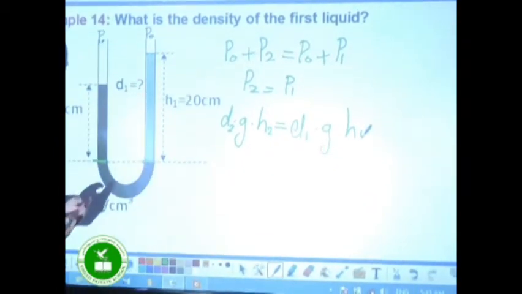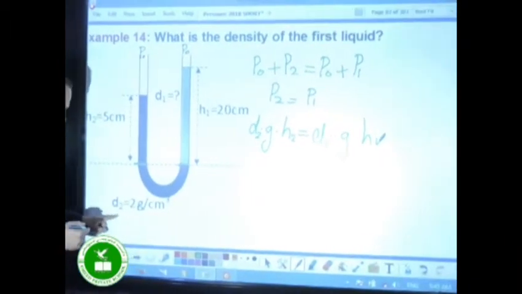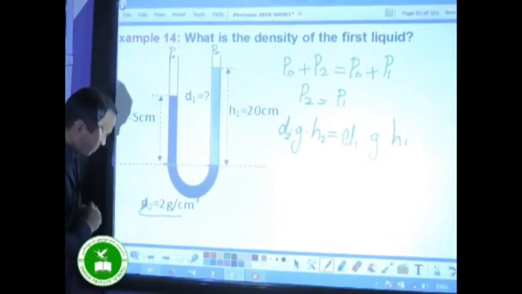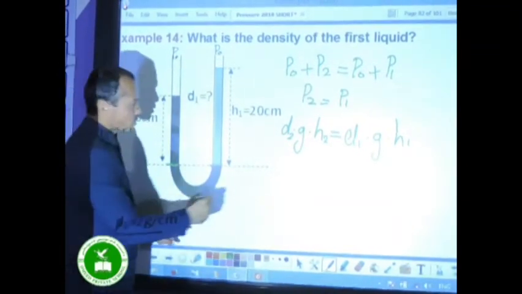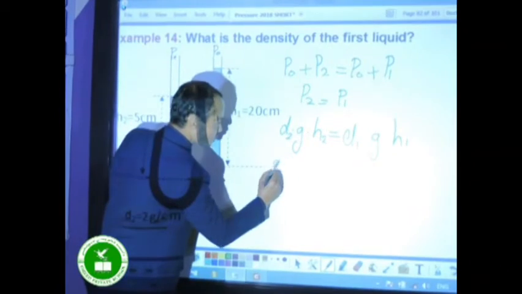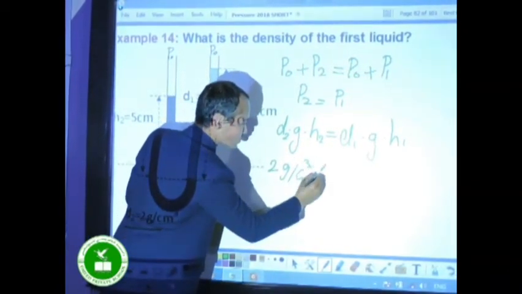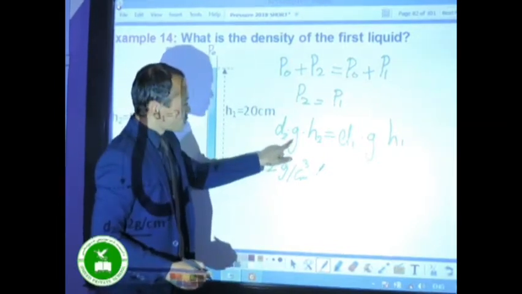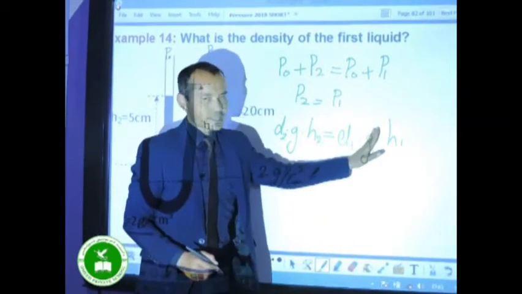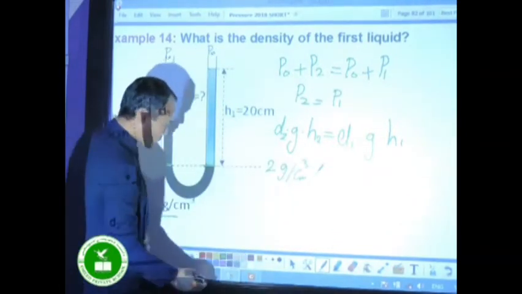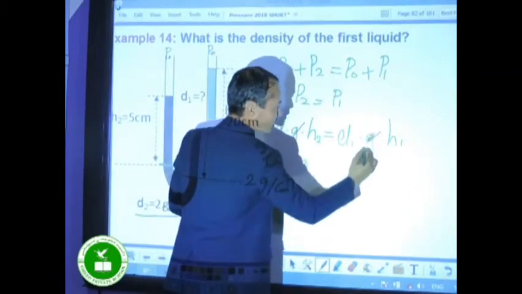Now we just plug in the given values. Density of second liquid here is given, 2 gram per centimeter cube. Density is 2 gram per centimeter cube times g. They are 10, 10, cancel. Let's simplify the equation.